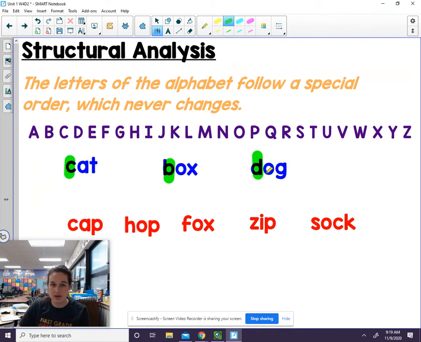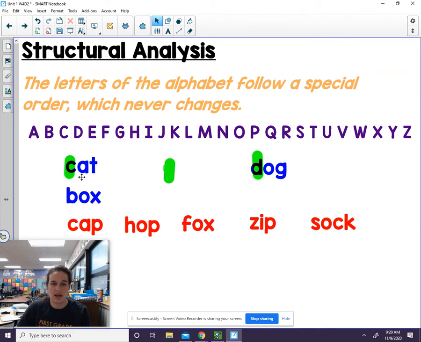If I look in the alphabet, A, none of those words start with A. B, C, B. There is one word that starts with B. So this word would be first in alphabetical order, the B.